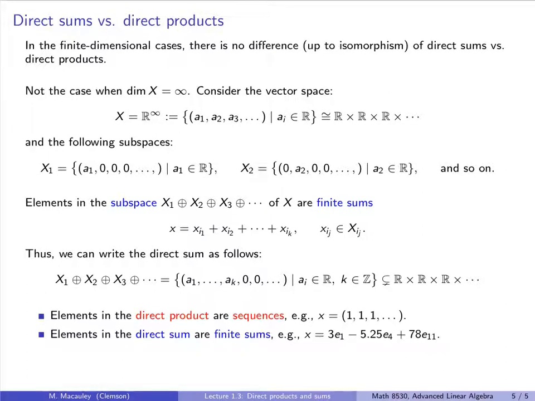And so here, e1 is the vector 1, 0, 0. So it's just like what we would do in finite dimensional spaces, but it goes on forever. So e2 is 0, 1, 0, etc. Both of these things are vector spaces, but you just got to be careful when things are not finite dimensional.